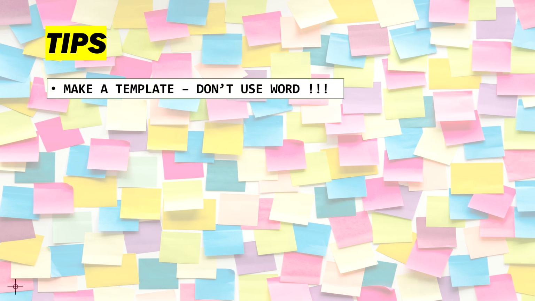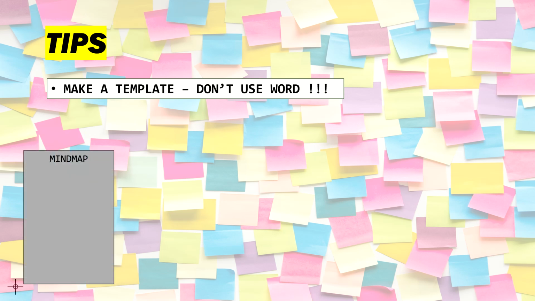Now we're transferring all of the headings that we have on our outline onto the template. So my big tip to you is use a very simple template. What I do normally is go onto Canva and just choose a blank document and add in all the headings.